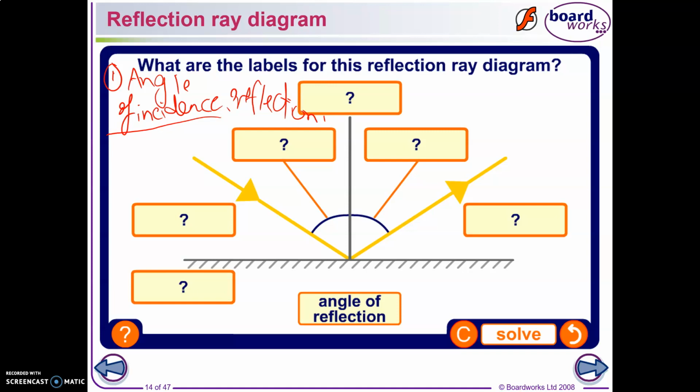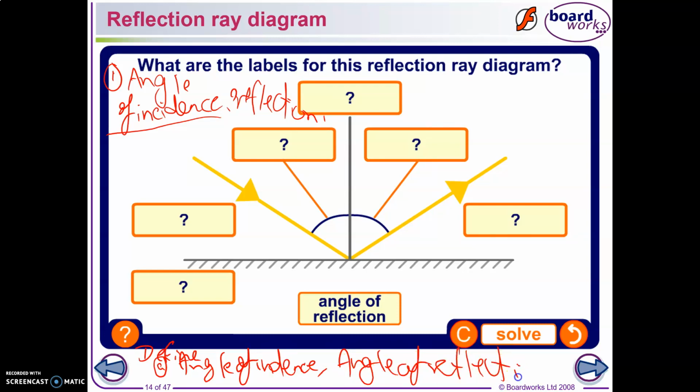So again, you have to draw the diagram, label it, and define. Remember my question. I will write it down here: define angle of incidence, angle of reflection. What is the angle of incidence and what is the angle of reflection?